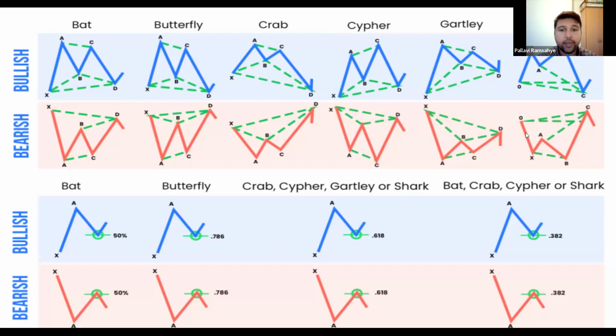There's another number on there. If anybody can throw out that number, that would be amazing. That number is 618, right here. So you can have the shark pattern on this retracement percentage, 618. Yes, that's correct.